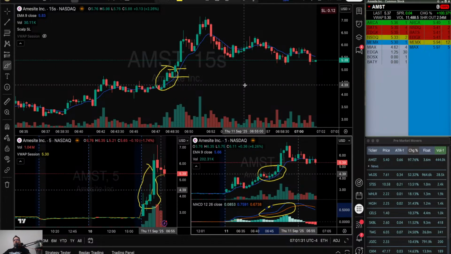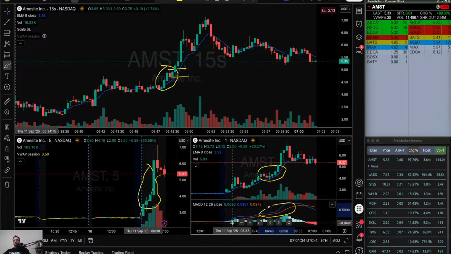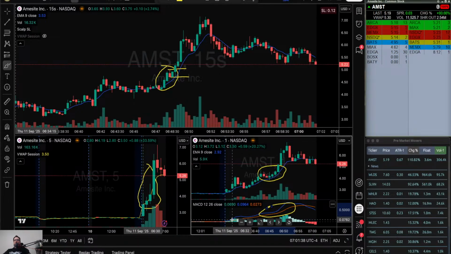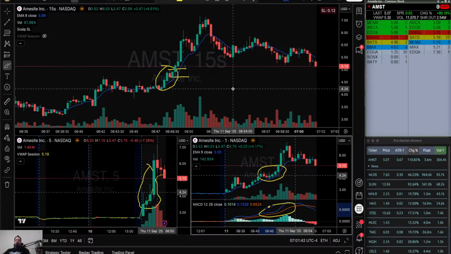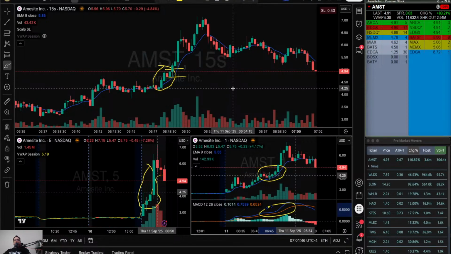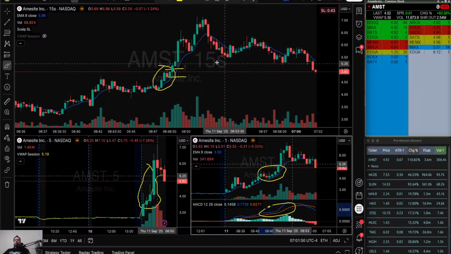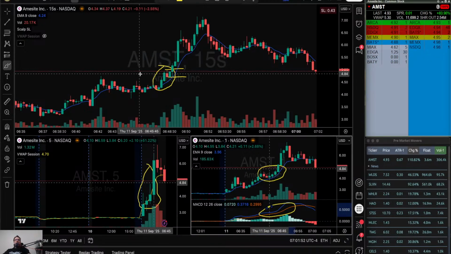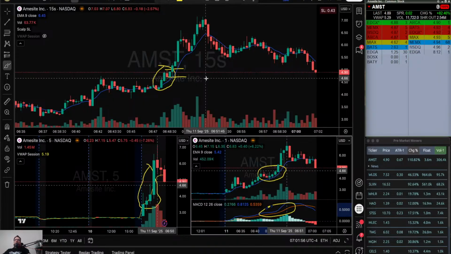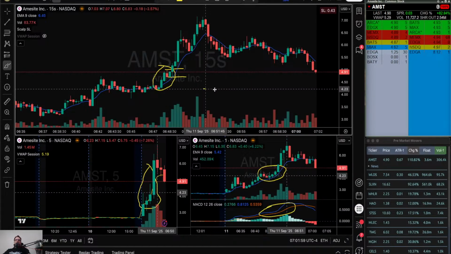What I like to see on the MACD is those bars down there as a solid green, as a dark green. When it's light green, that means it's starting to actually come back together. But this was a good trade right here. You only risked about 30 cents and you made about $1. So that was a good trade for AMST.